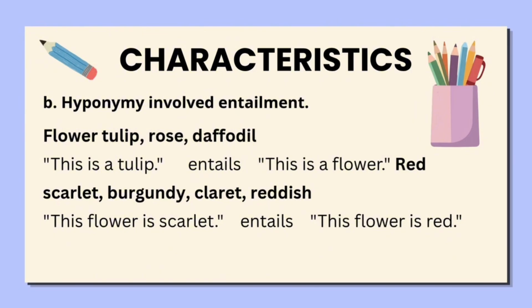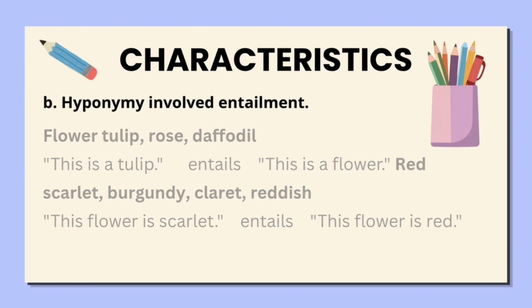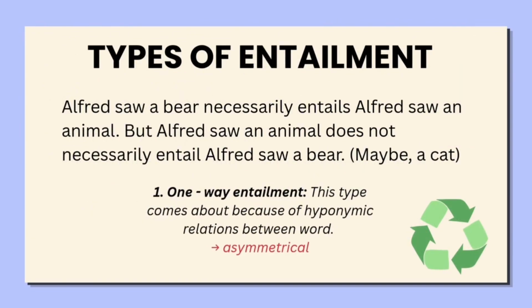That happens because scarlet is a specific type of red. So from both examples, we can see that hyponymy often creates entailment from a more specific meaning to a more general meaning.